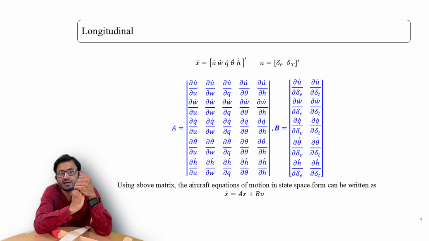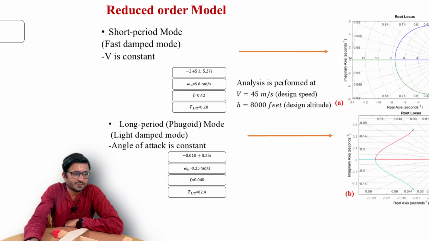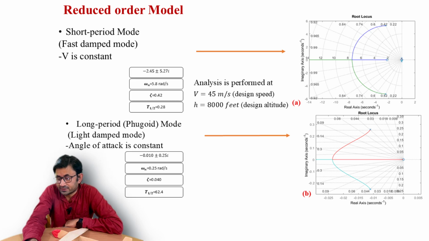You will end up with a 4 cross 4 matrix, and here you will find the roots, lambda 1 and lambda 2. You will see that typically the roots will look like this. One root will be close to the origin and one root will be far from the origin.